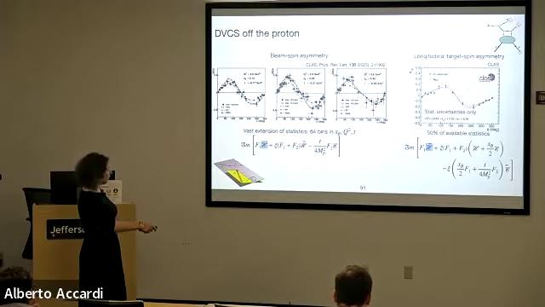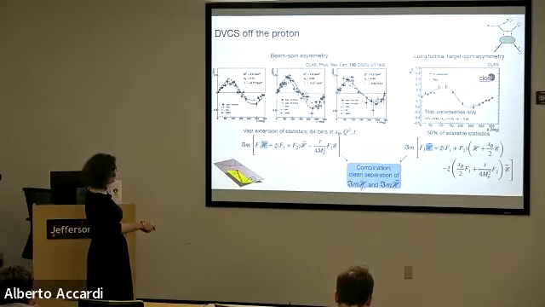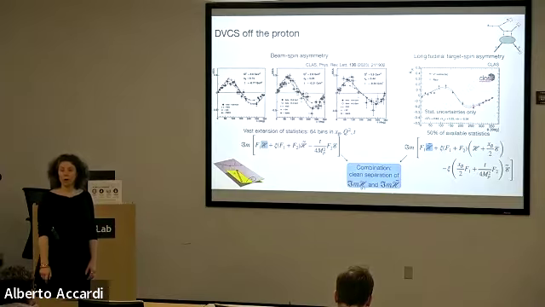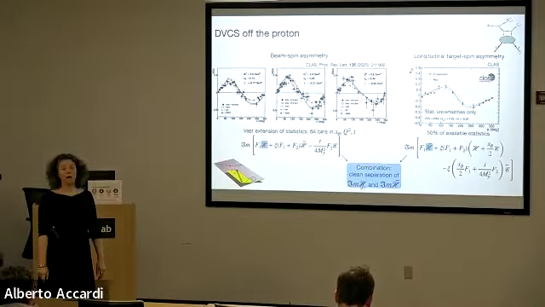Nevertheless, because of the kinematic prefactors, these contributions are quite suppressed. And by combining these two types of measurements, one expects to have a clean access to GPD H and H tilde. So this is a bit the idea. Yes. Are there any questions about this? Because this is really not very intuitive.